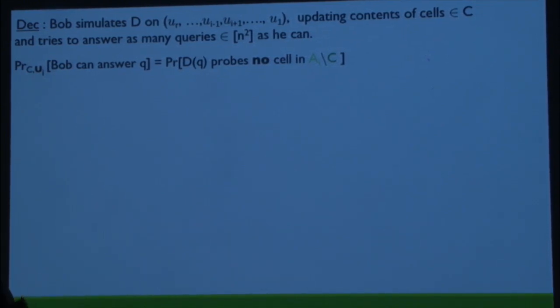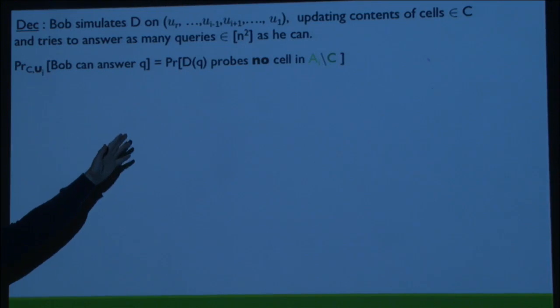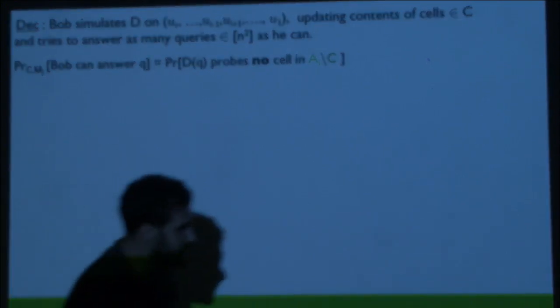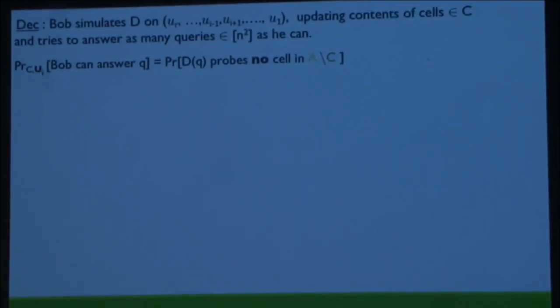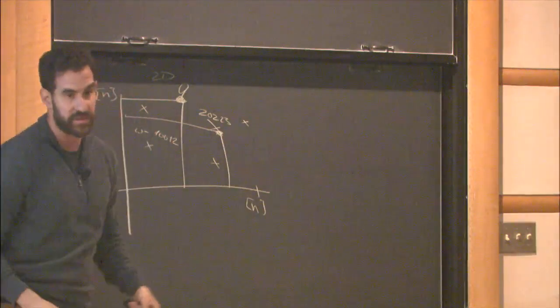So let's focus on a fixed query Q. There are n squared of these, right? What is the probability that Bob can answer this fixed query?